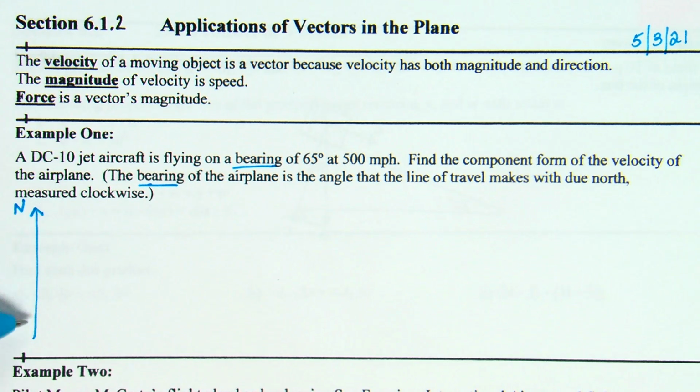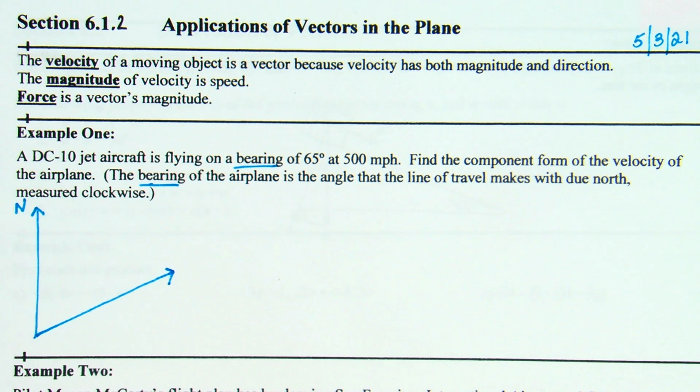So 65 degrees from here is going to be where? From north, going clockwise, 65 degrees is going to end up over here somewhere, ish. Okay. And so the idea here, that right there is 65 degrees, correct?